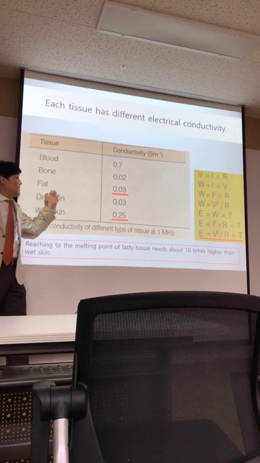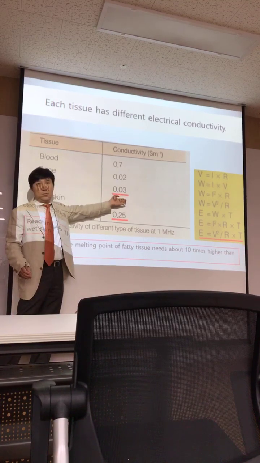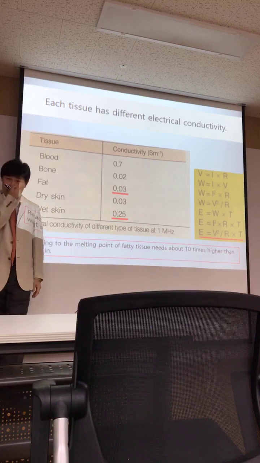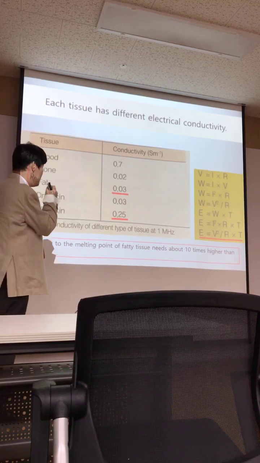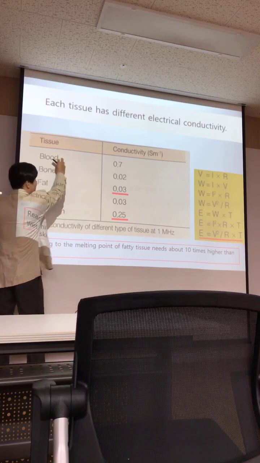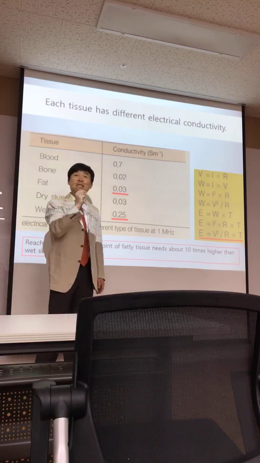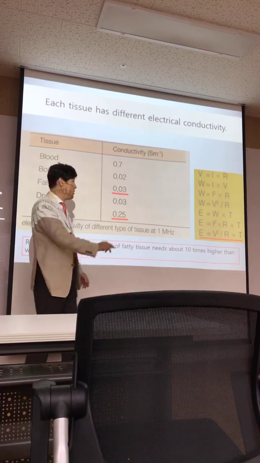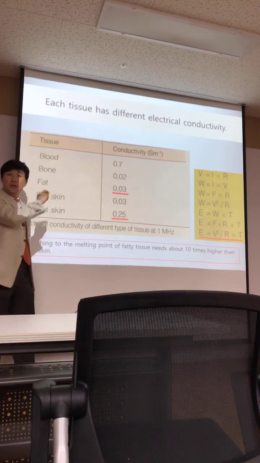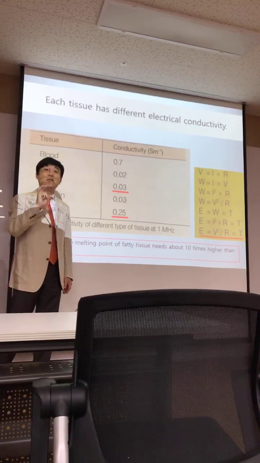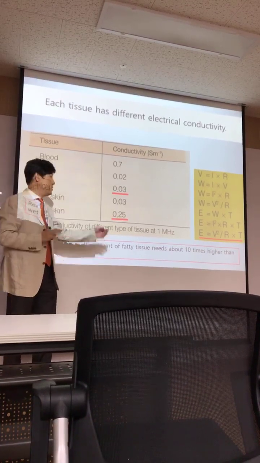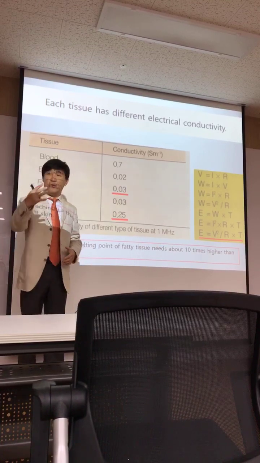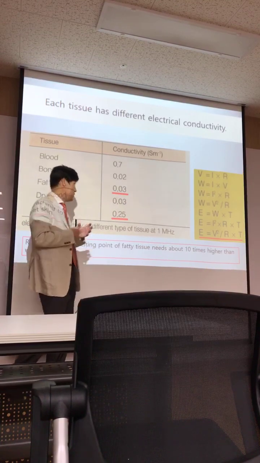And fat is very low, almost the same as the bone. So coagulating a blood vessel is very easy with low power, but coagulating fat tissue is very hard with low power. It means we need high power to coagulate the fat tissue.